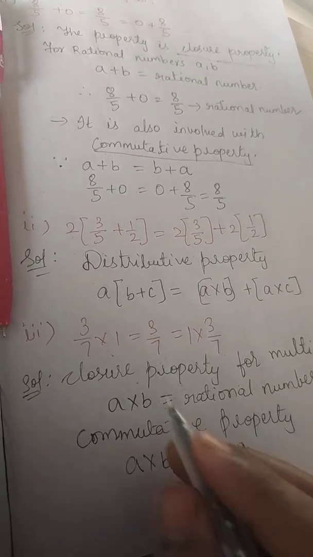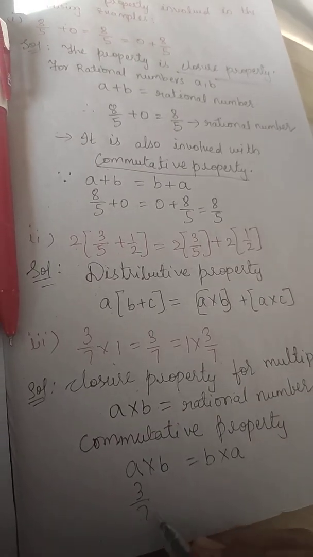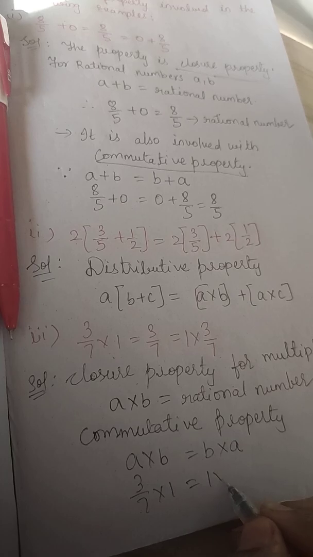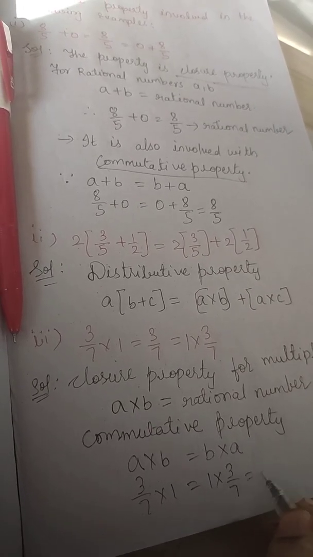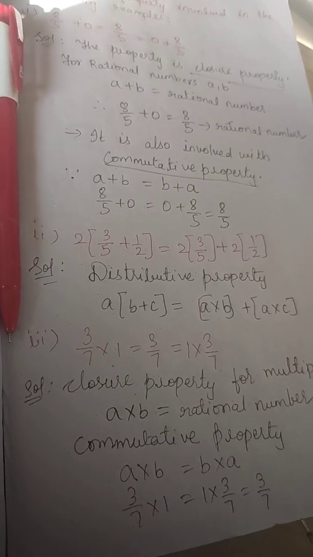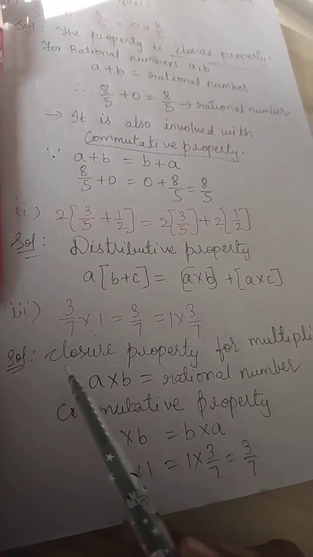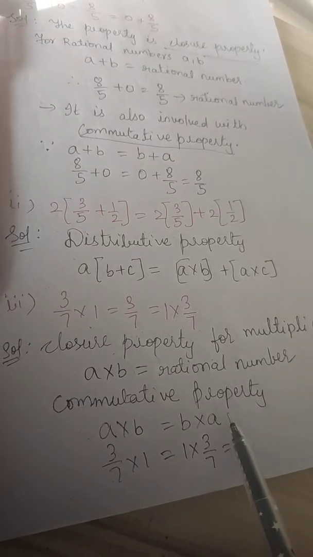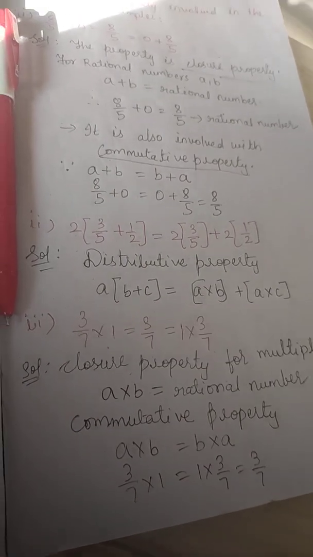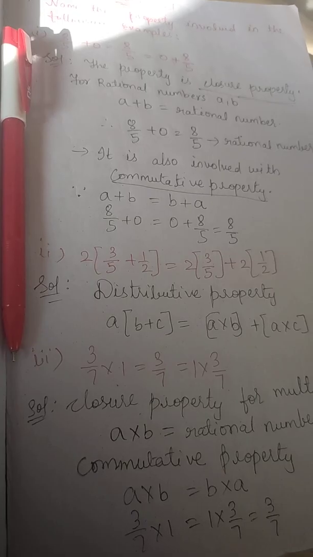Here we are having both numbers. 3 by 7 into 1 is equal to 1 into 3 by 7, which is equal to the number 3 by 7. So hence this example is involved with closure property for multiplication and also commutative property for multiplication. Okay, we will see the next one now.